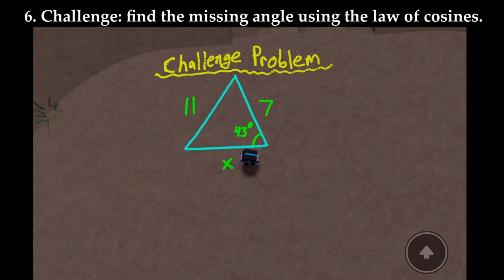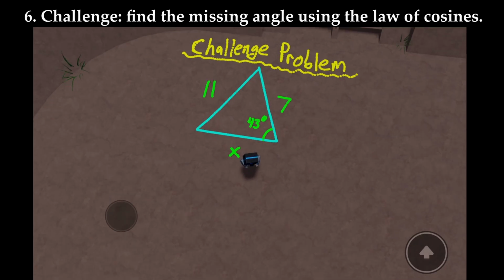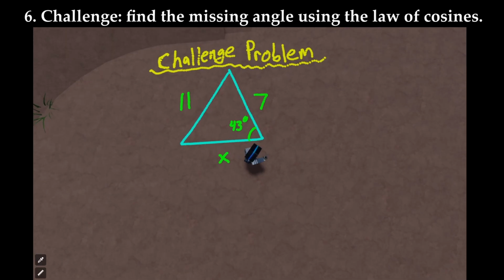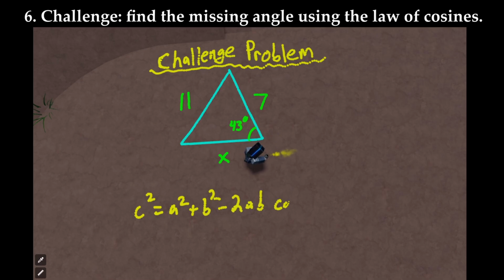Let me write the law of cosines as always. C squared is equal to a squared plus b squared minus 2ab cosine of angle C. Now let's define A, B, C, and angle C. Angle C should be obvious. That's 43 degrees because we're not given another angle in this problem.